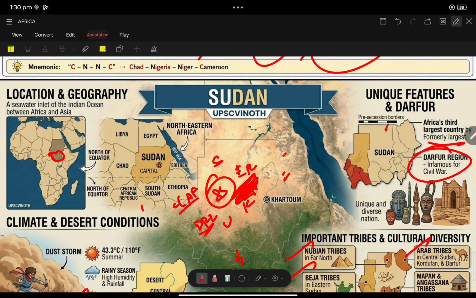These are the important countries bordering South Sudan.